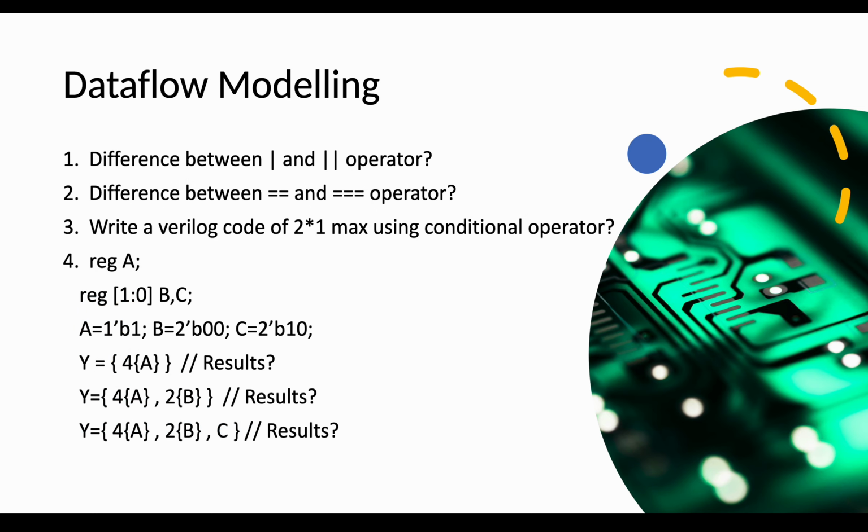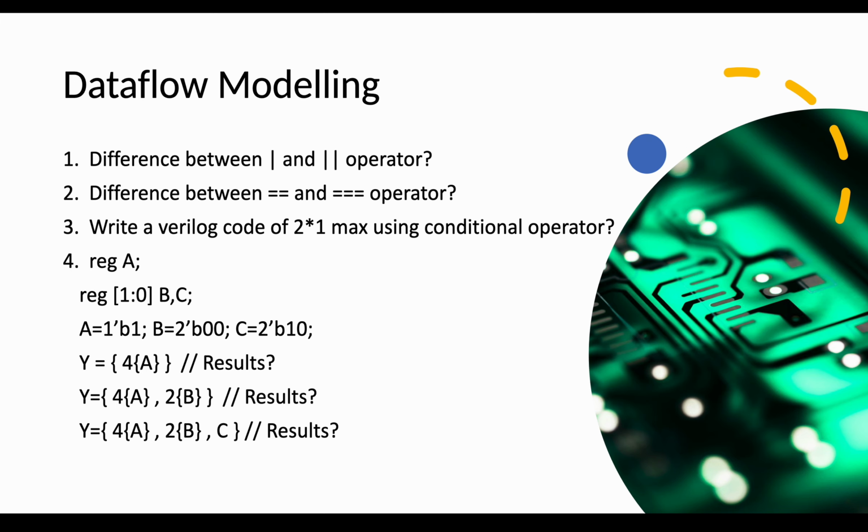And some common questions that are coming in this data flow modeling are these. We will discuss each one by one. Difference between single OR and double OR operator. That symbol is representing OR.